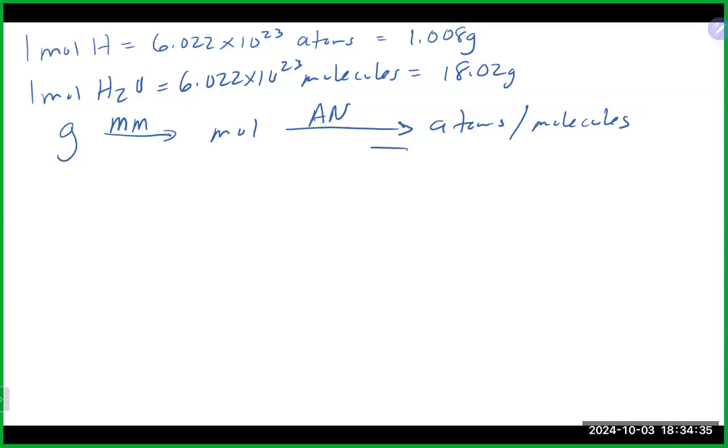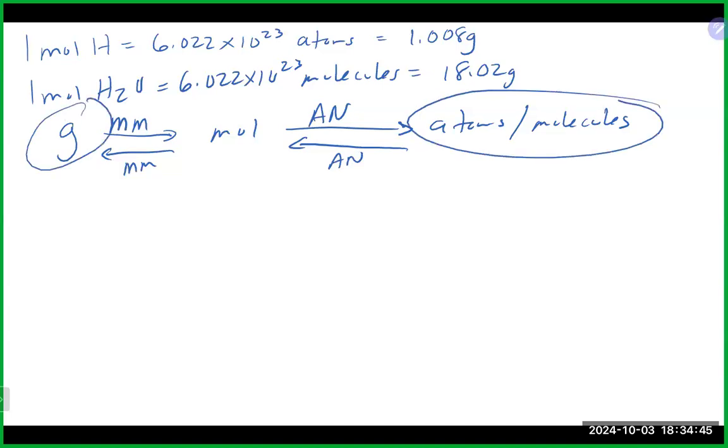And obviously, if we're heading backwards, we would need the same 2 things, Avogadro's number and then molar mass. We could see that the thing that ties grams and atoms or molecules together, that is our halfway point between those two, is moles. Moles basically ties those guys together. And again, those are some common conversions that we do.